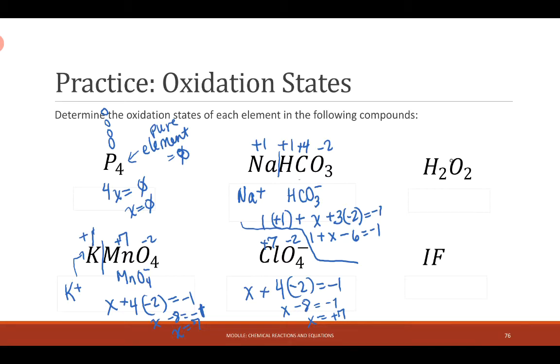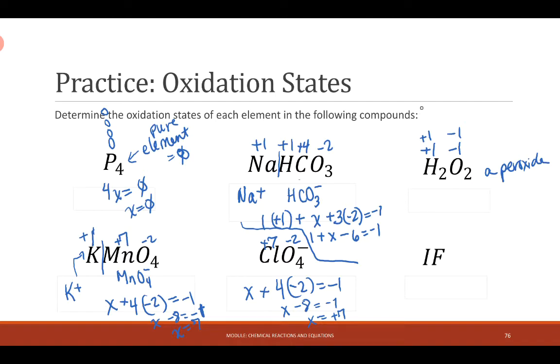Now for hydrogen peroxide, we have to realize that this is a peroxide. Each hydrogen here is going to get a +1 oxidation state, and this is going to be a peroxide. And so each oxygen here is a -1.